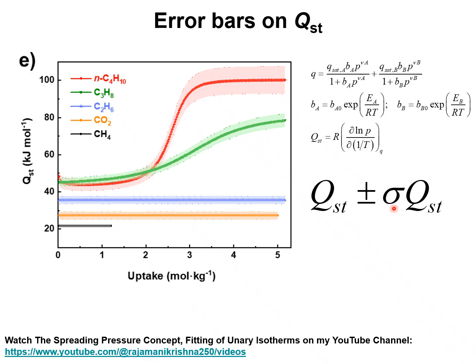So the errors in the unary isotherm data fits get directly reflected in the errors in the estimation of the QST.